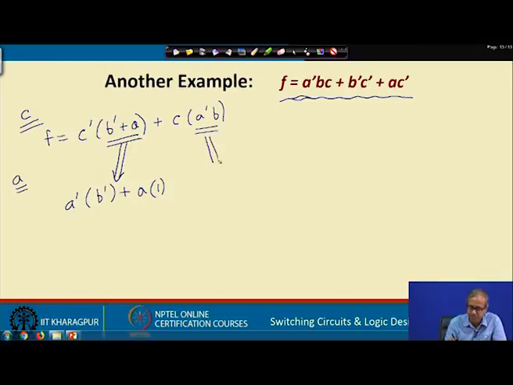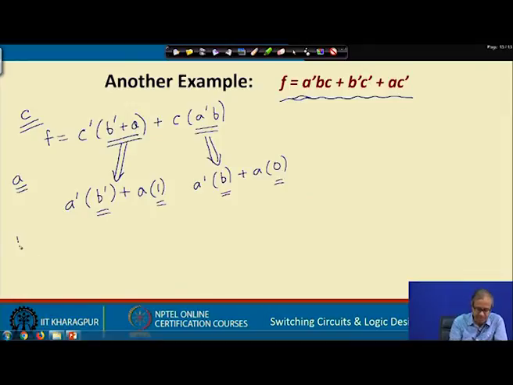In the same way, if you expand the other with respect to A, it will be A bar, replace A by 0, so it will be only B, plus A, replace A by 1, this will be 0. So, now you have 4 sub functions: B bar, 1, B and 0.